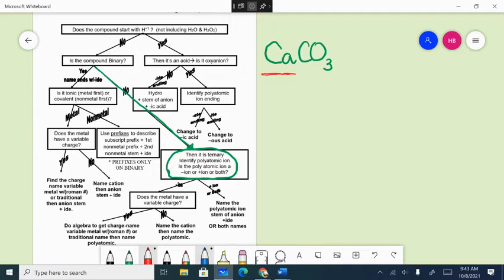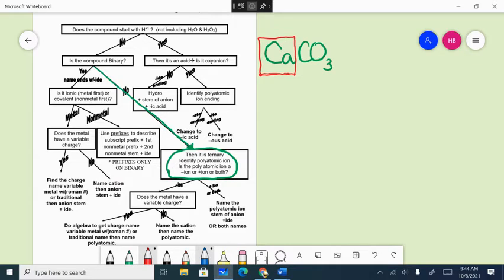So if the compound does not start with NH4, then the first element is your cation. It's going to be a metal. We're going to pull off that first element. That's going to be our first name. Everything after it is going to be what's called a polyatomic ion, which we learned about the first day.